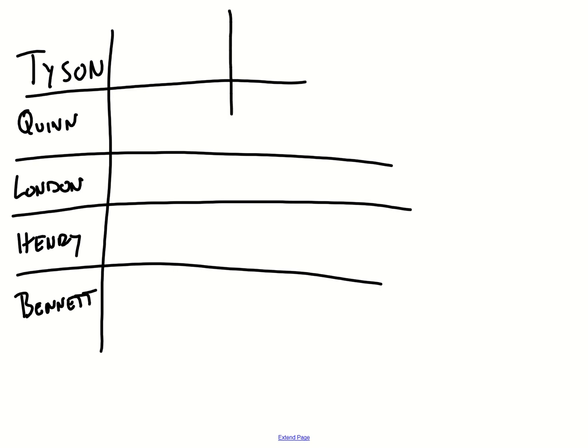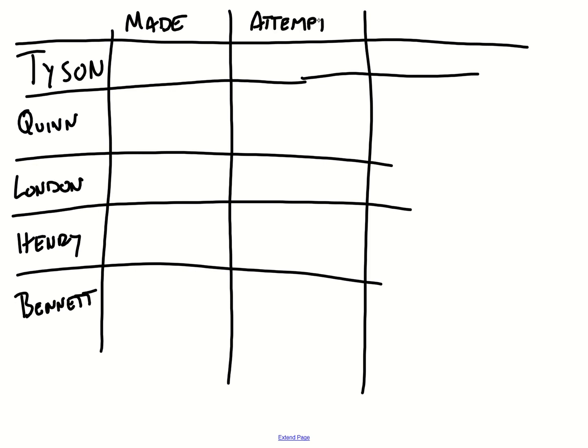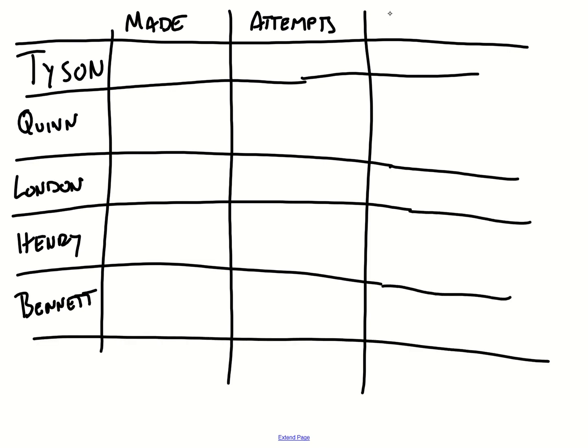So, okay, out of these 5 boys, and we tracked all their stats for the year, we're going to say how many were made out of how many attempts. And then here's going to be the probability.